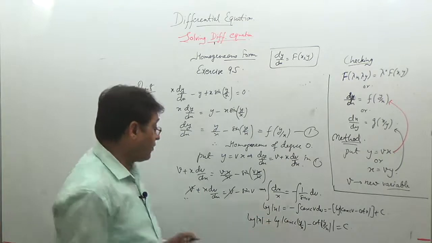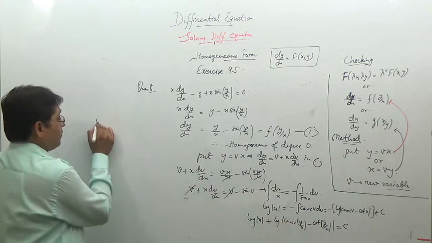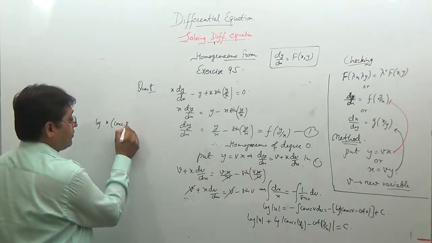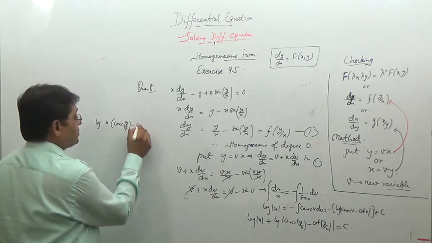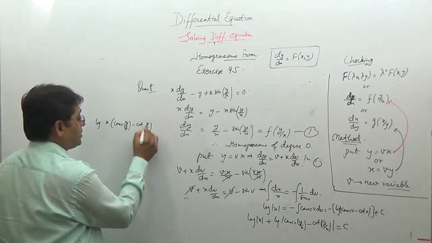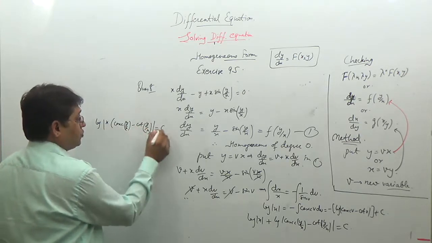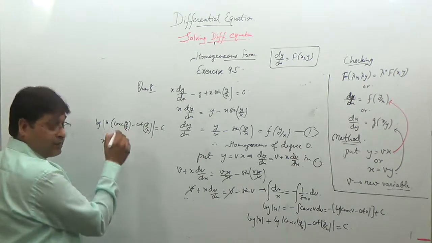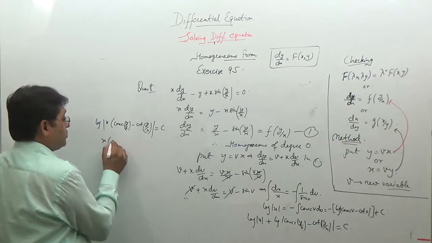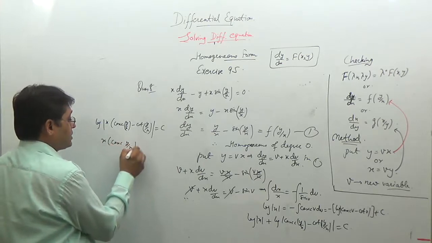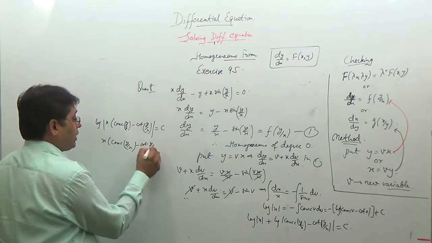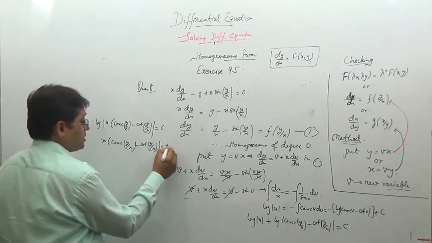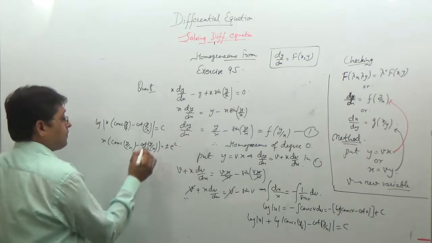Question number 8, so you can again add these two. Log m plus log n will become log of mn, that is x into cosecant y upon x minus cot of y upon x equal to c. Then eliminate log, get x into cosecant y upon x minus cot y upon x is equal to plus minus e raised to power c.